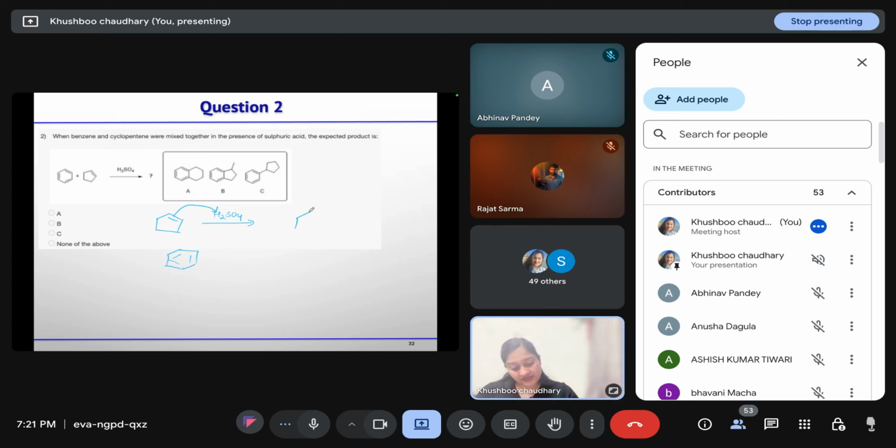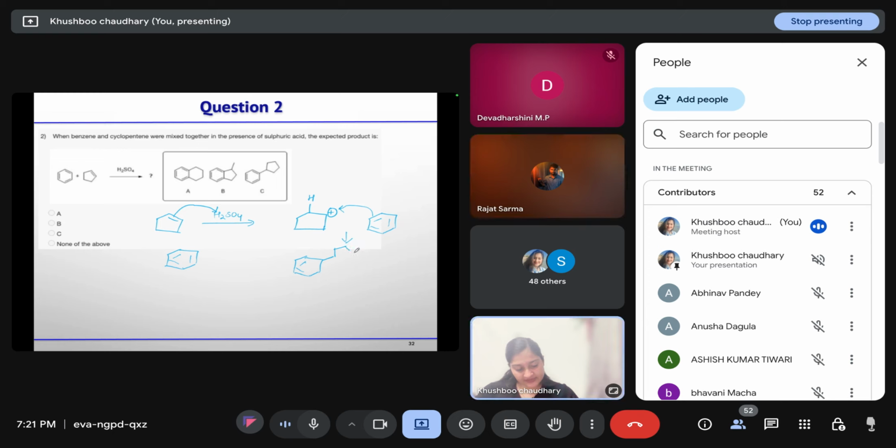So after attacking on the proton, it will abstract one proton and carbocation will form. Correct? Yes, ma'am. Now benzene will attack at this carbocation, and it leads to the formation of which product?